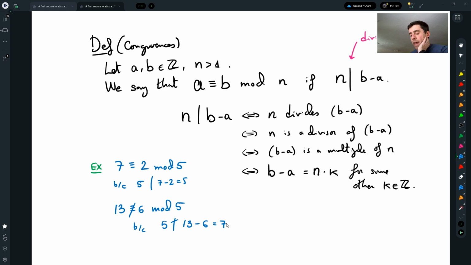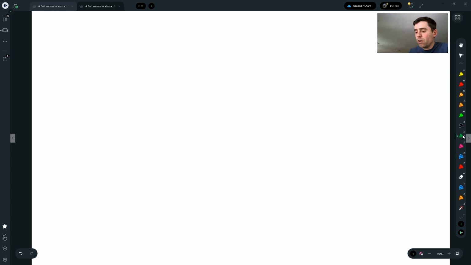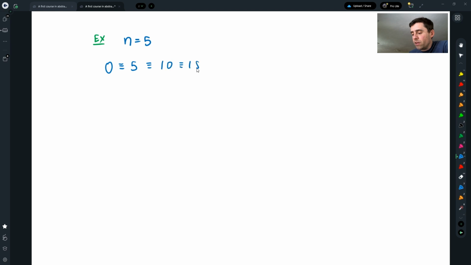Okay. And with this congruence idea in mind, let's take n to be 5, and look at the congruence classes modulo 5. So what numbers are congruent to 0? 0 is congruent to 5, and to 10, and to 15 modulo 5, because their differences are multiples of 5.